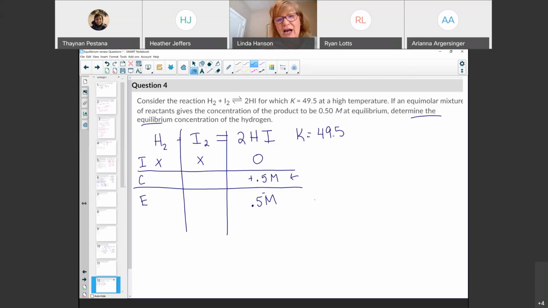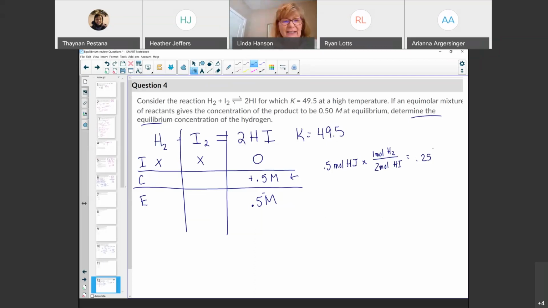So if HI was made as 0.5, just thinking about stoichiometry, we know that 1 mole of hydrogen is needed to produce every 2 moles of HI. So I'm just doing that 1 over the given ratio. 1/2 of 0.5 is 0.25.